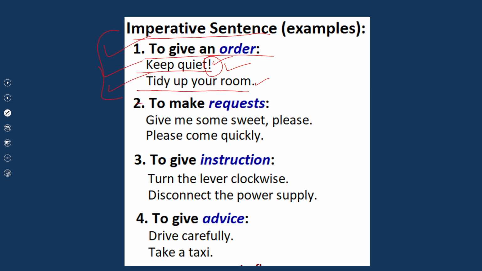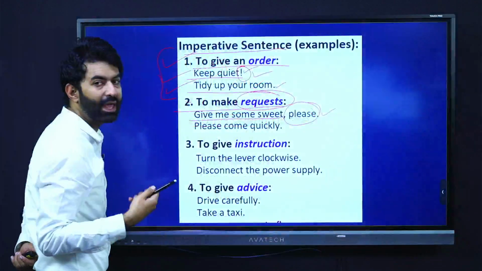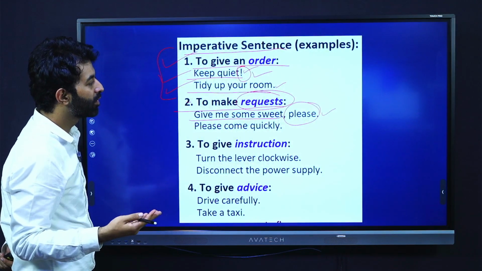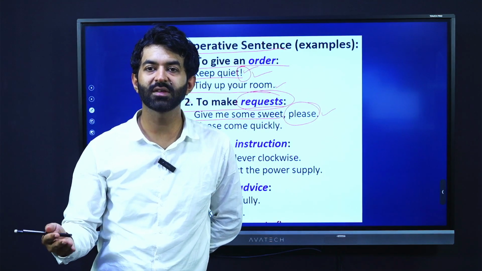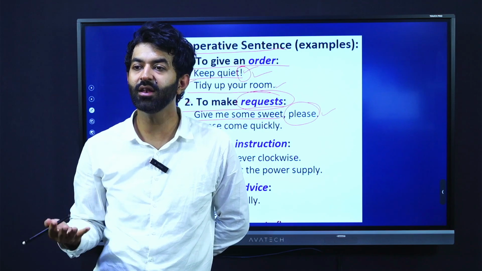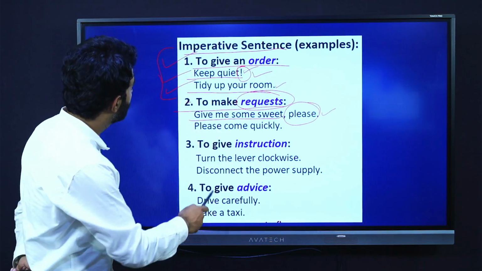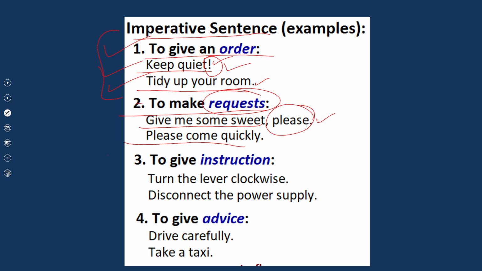Now, imperative sentences are also used for making requests. For example, give me some sweet, please. तो ये जो polite word है please or may or could you, if I say could you pass the salt, could you pass the chicken, so this is also an imperative sentence. Please come quickly.